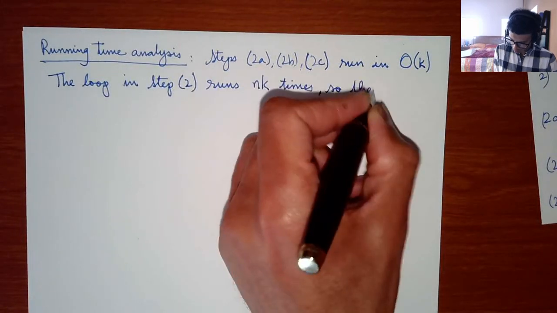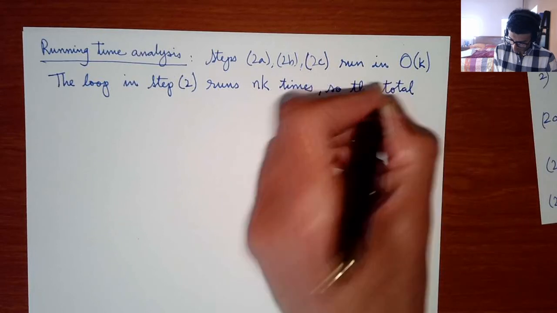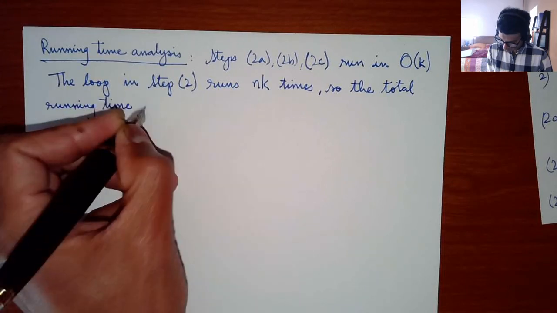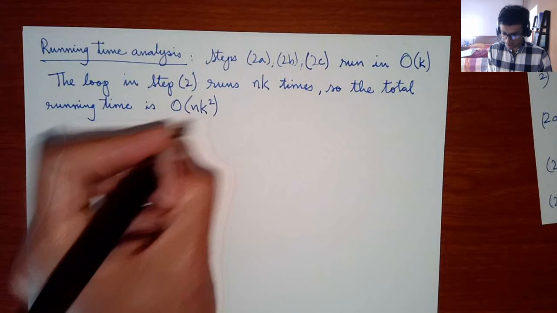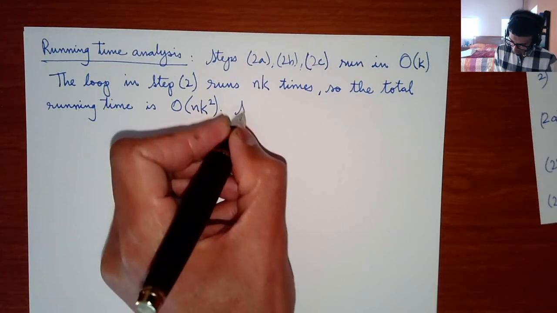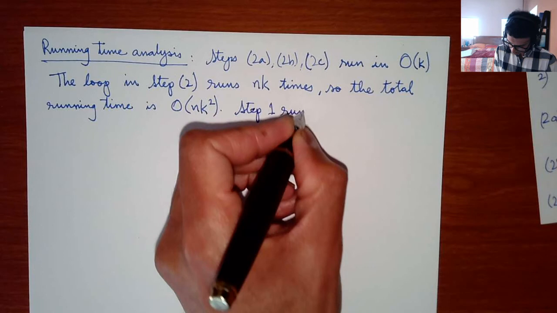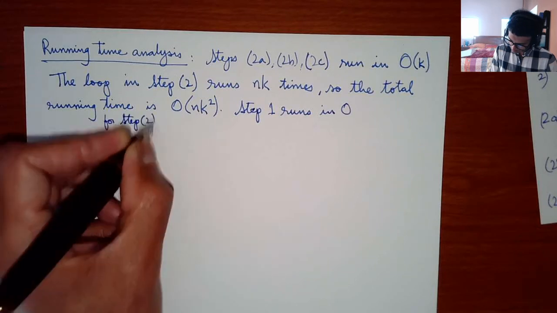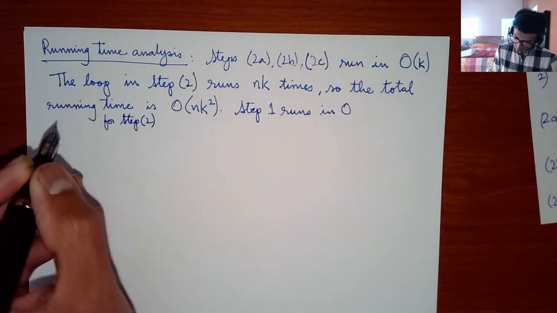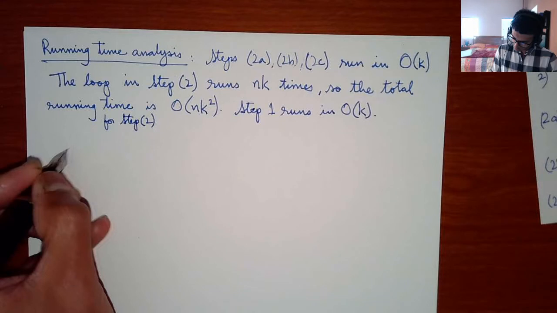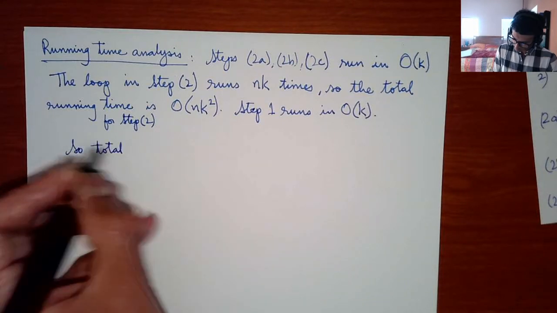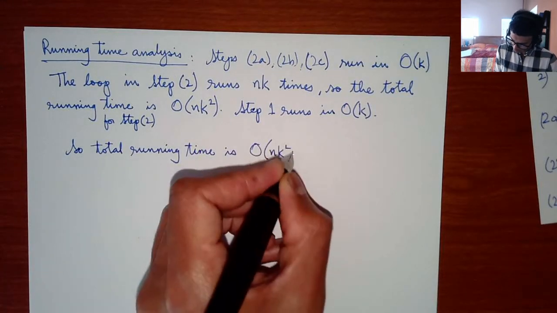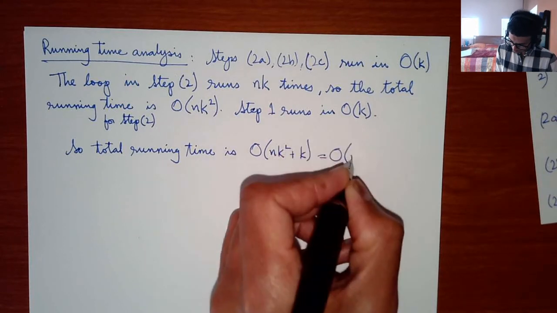So the total running time for step 2 is O of nk squared, and step 1 runs in O of k. So the total running time is O of nk squared plus k, which is just O of nk squared.